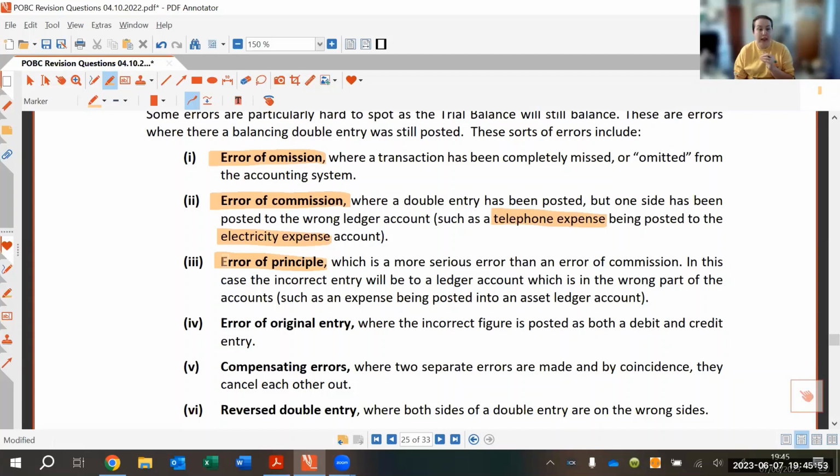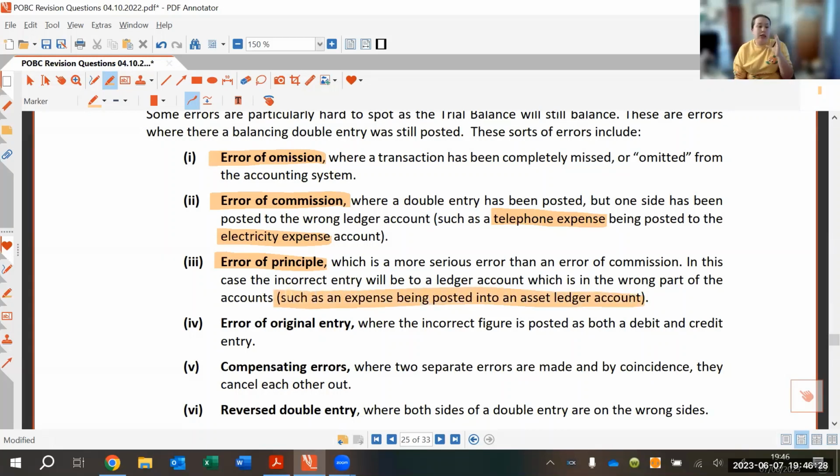The best way to explain this is if we've had some replacement tyres for our delivery van, which would normally go under vehicle expenses, but instead it's been posted to the motor vehicle asset account. What that does is mean that our expenses for motor vehicles are too low, but more importantly, our asset figure for motor vehicles is too high, and that can be problematic. So it's really important that we are spotting those and correcting them.